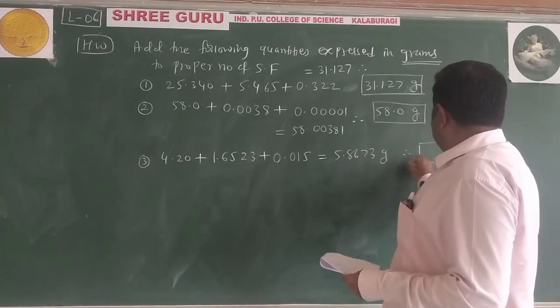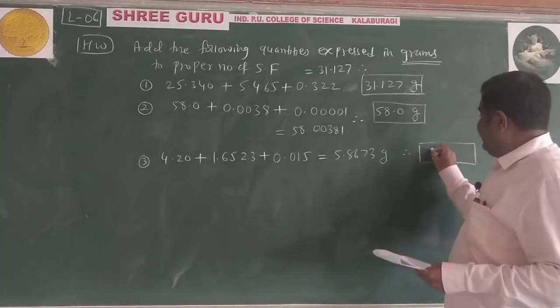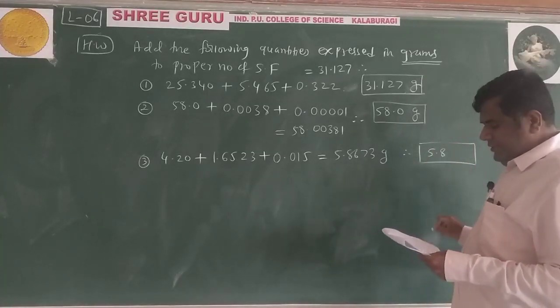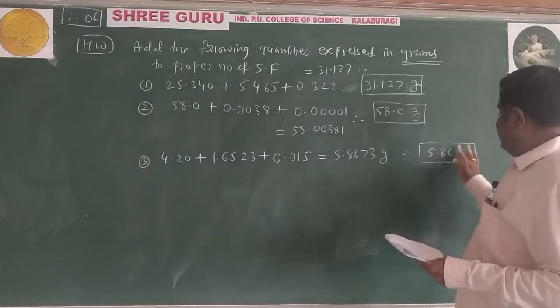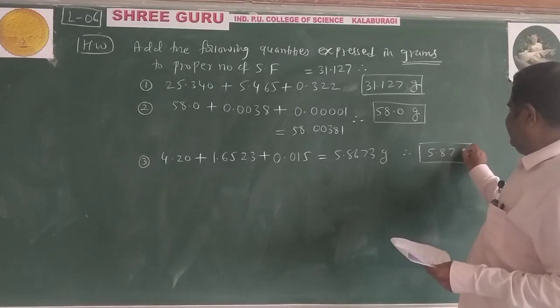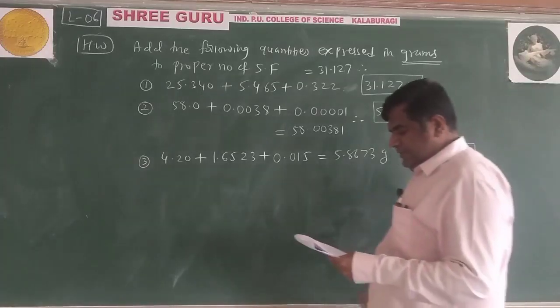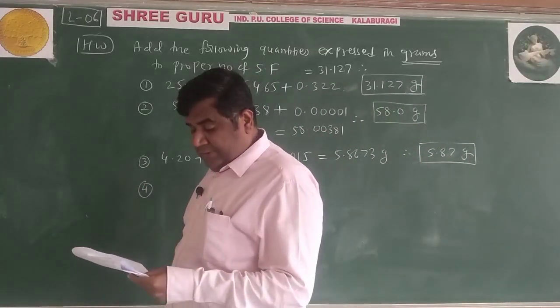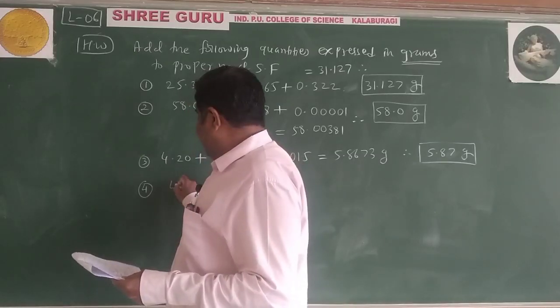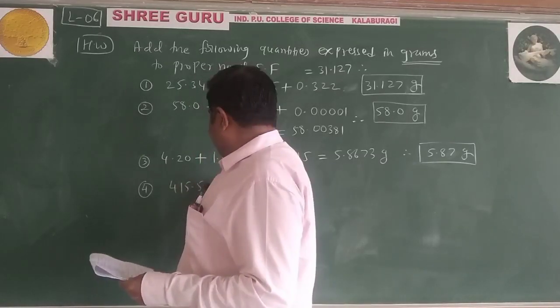And see what answer I am writing: 5.8687 gram is the answer. Now why have I reported it like that? You have to find it out by applying rules.